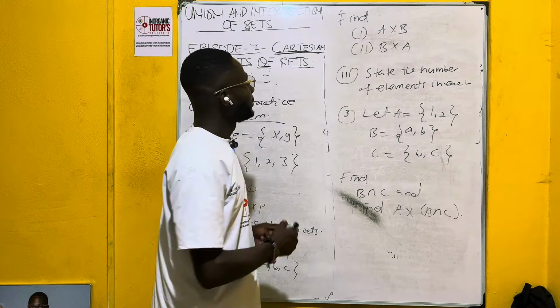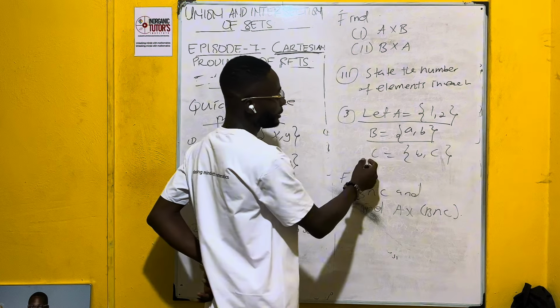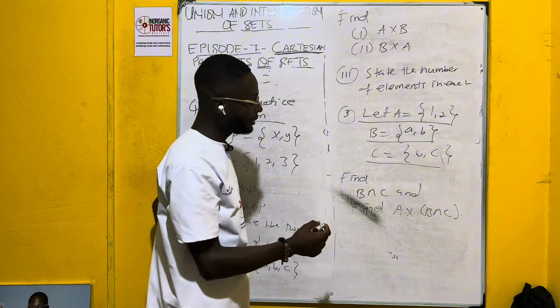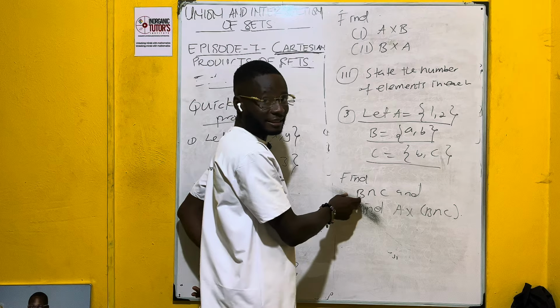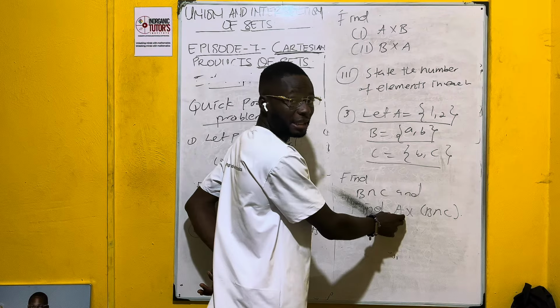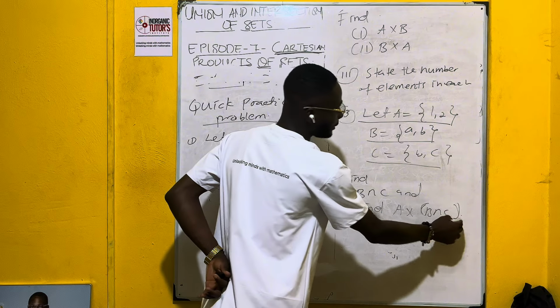Question 3. Let A equal the set 1 and 2. B equals the set a, b, and C equals the set b, c. Now the question is, find B intersection C and find A cross B intersection C, right?